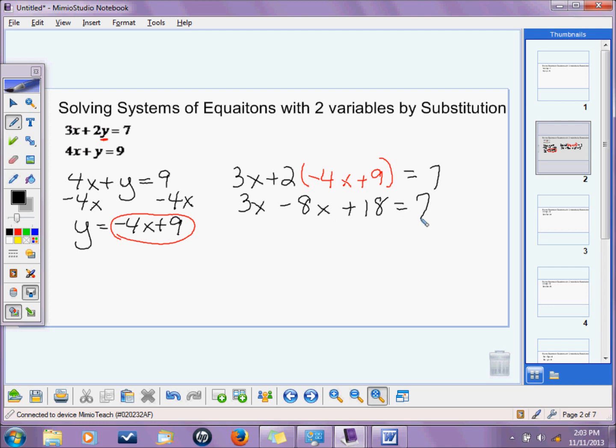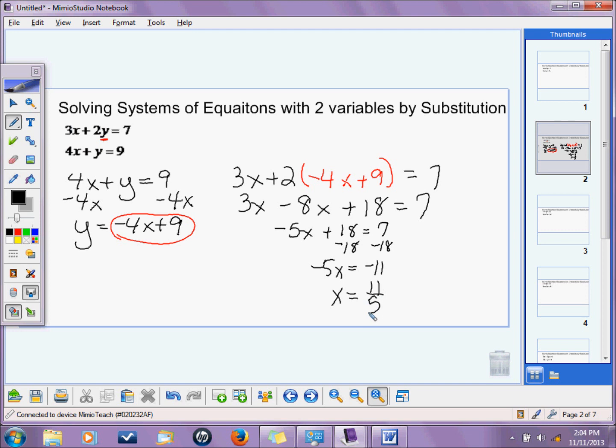So 3x minus 8x is negative 5x. Negative 5x plus 18 equals 7. Then we subtract 18. So negative 5x equals negative 11. So x is 11 over 5. X equals 11 over 5.